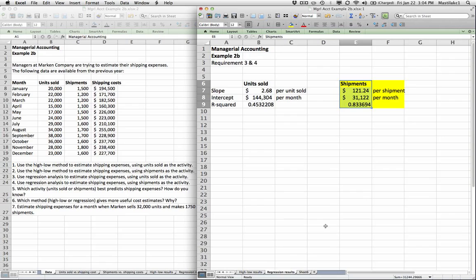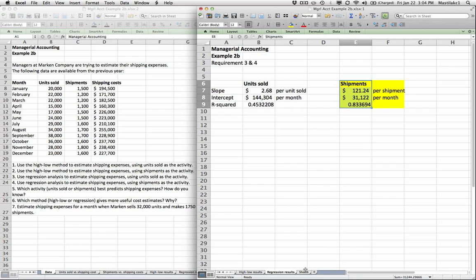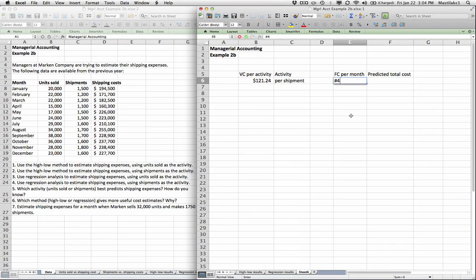So what does my regression tell me? My regression tells me that my shipping cost is going to be $121.24 per shipment, and it's going to be about $31,122 per month. So if I put in my 121.24 per shipment, and my fixed cost is 31,122. Now in real life, I'd probably round these.